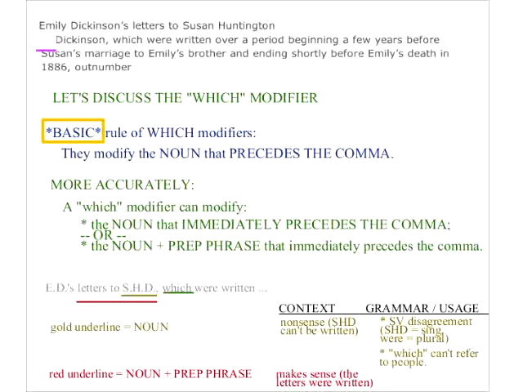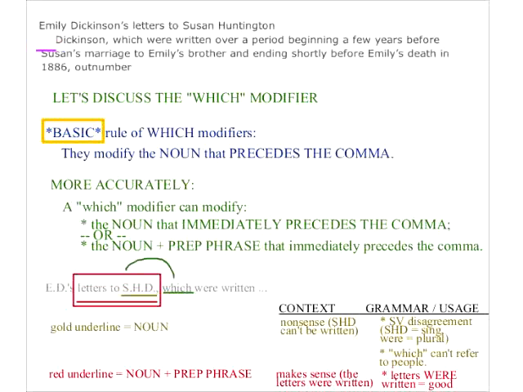But the grammar and usage of the red version is perfect. The letters were written. That makes sense in terms of both singular and plural, and the which and who issue. You actually do want to use the word which for letters. You don't want to use the word which for SHD, but that's not what we're pointing to. So as it turns out, in this case, the modifier which is actually pointing to all of this, not just Susan Huntington Dickinson.